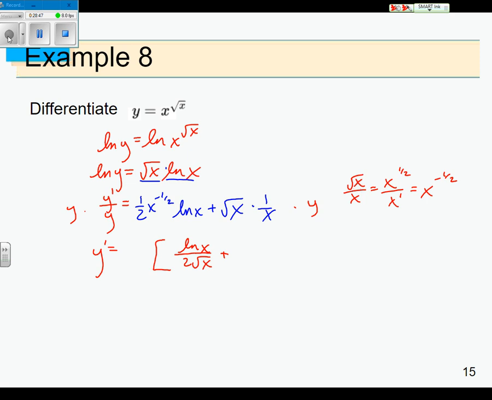Subtract their exponents, it's going to be 1 over x to the 1/2. So this is going to be 1 over the square root of x right here. Multiply by my y, so I've got to bring him down. That's part of my answer, and that would be it.